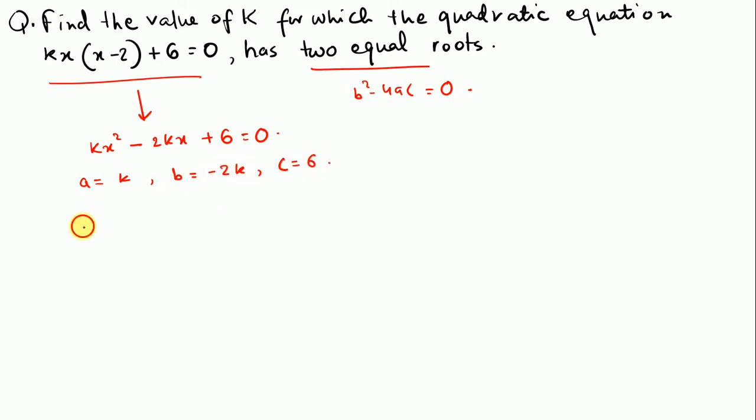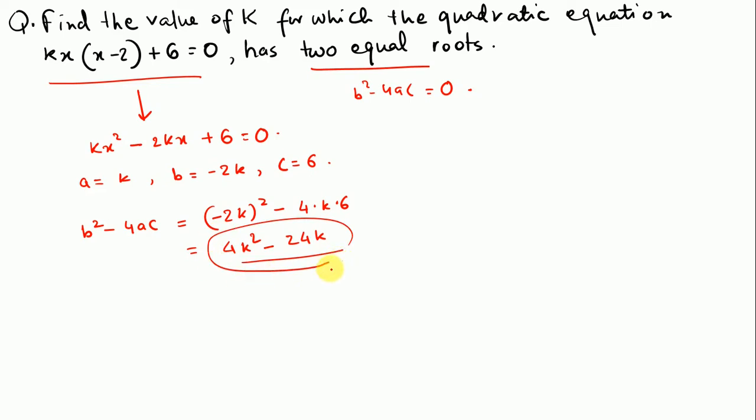Now find the discriminant. This will be (-2k) whole square minus 4 into k into 6, which is 4k square minus 24k.